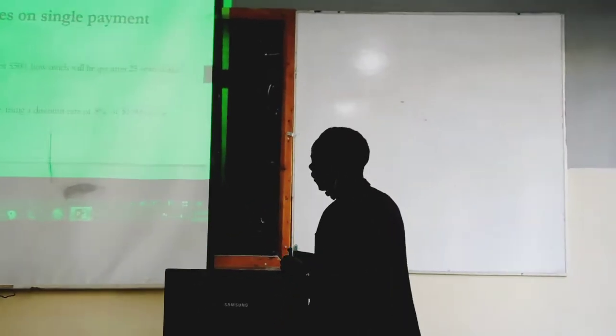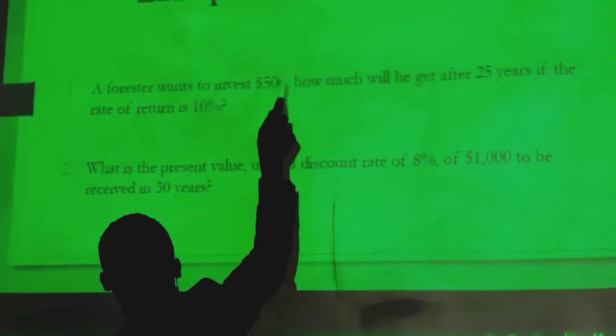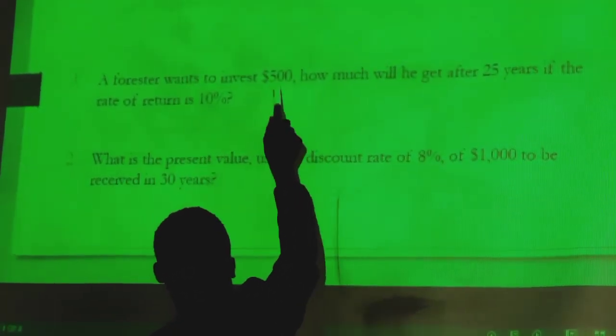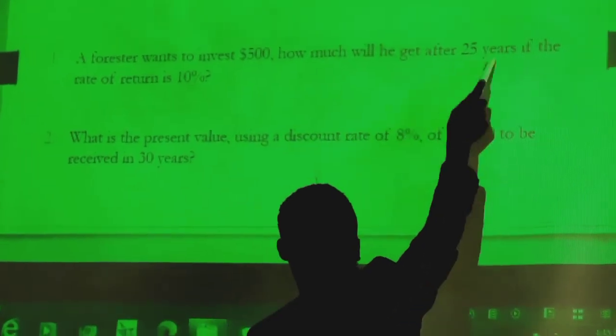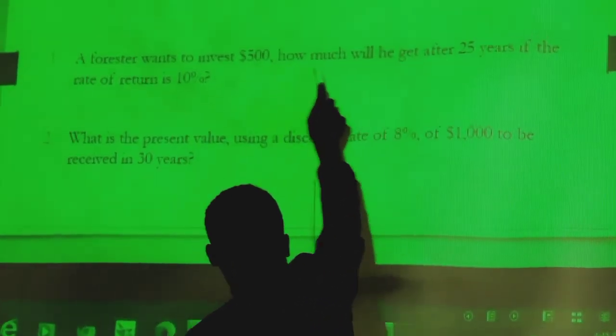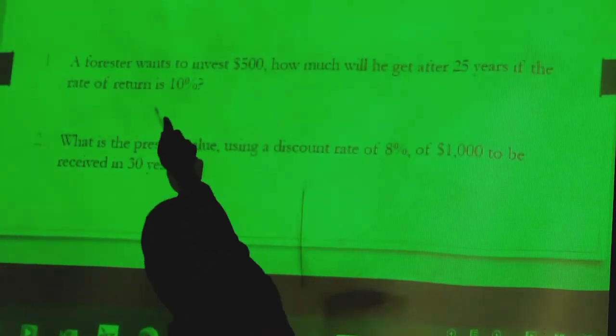Now, looking at that example, once you invest, which means that this amount is now, they want the rate of return, they want how much we generate after 25 years, which means that they are asking for a future value after 25 years given the rate of return.